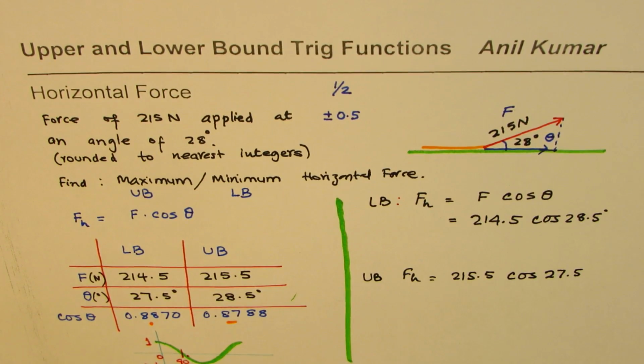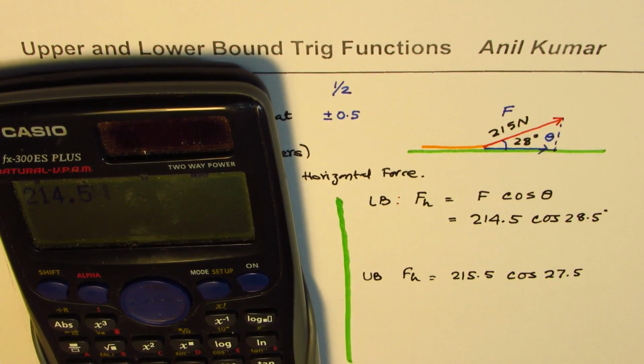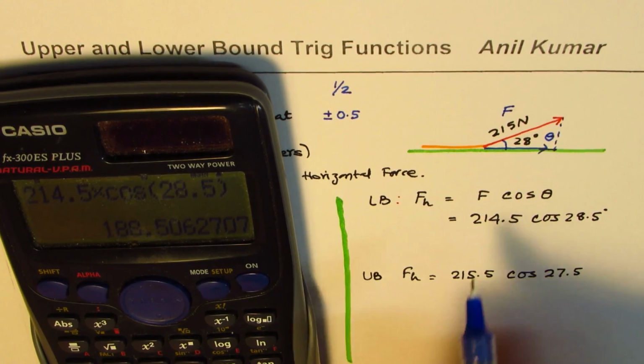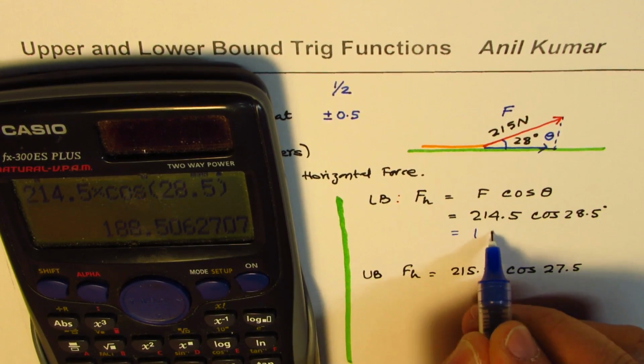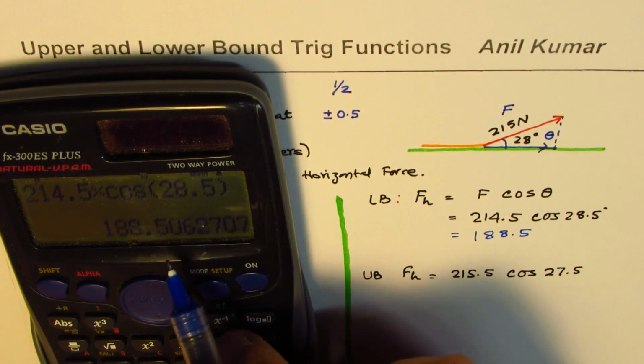Now we can use the calculator to calculate the answer. We have 214.5 times cos of 28.5, which is equal to 188.51, writing 2 decimal places.